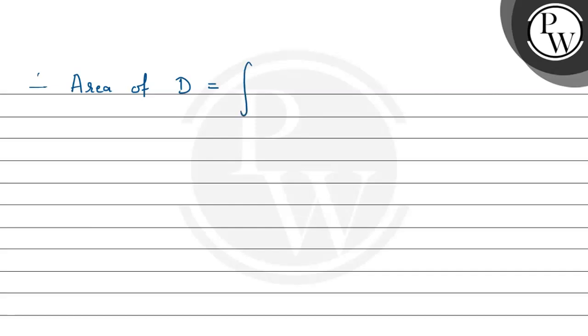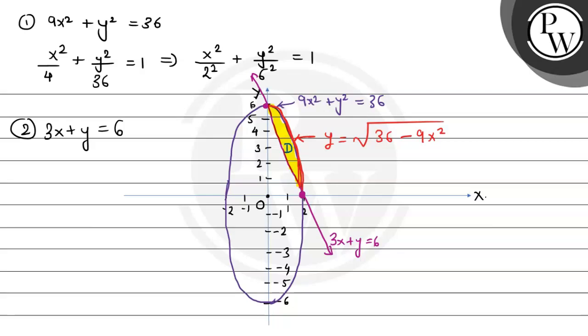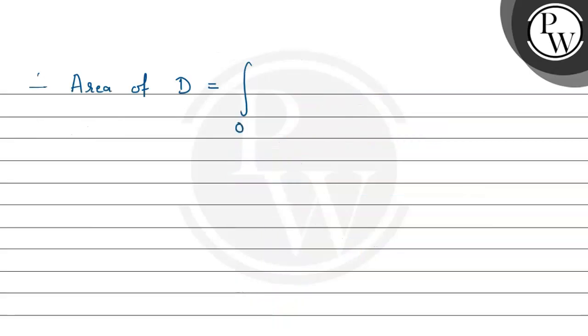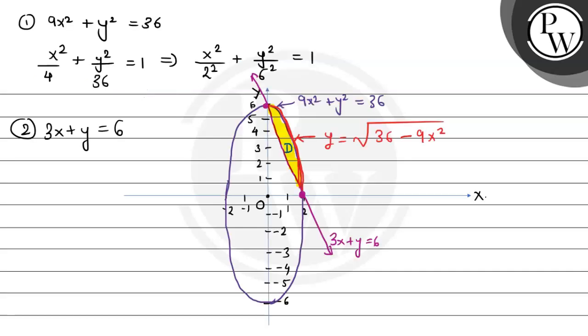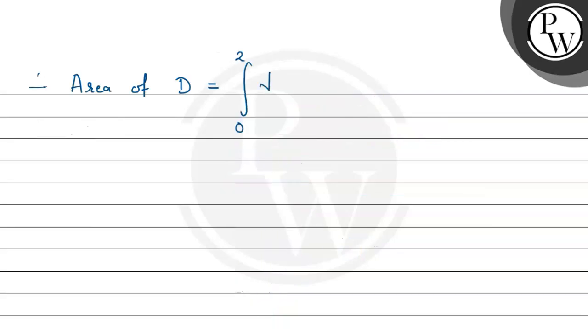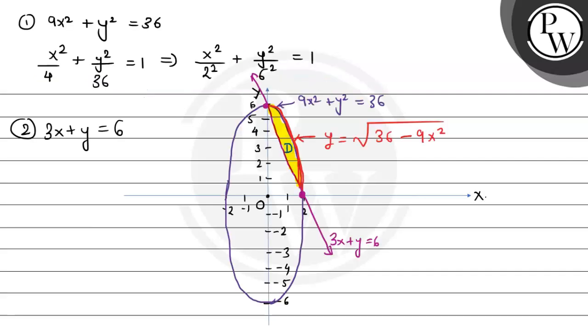And so therefore area of region D will be equal to integral of, see, x ranges from 0 to 2, right? So the limits are 0 to 2. The upper boundary is y equals square root of 36 minus 9x squared. So here we have square root of 36 minus 9x squared minus the lower boundary is the straight line y equal to 6 minus 3x.